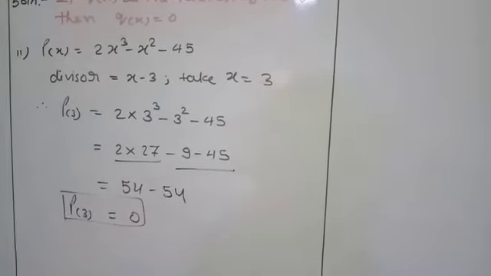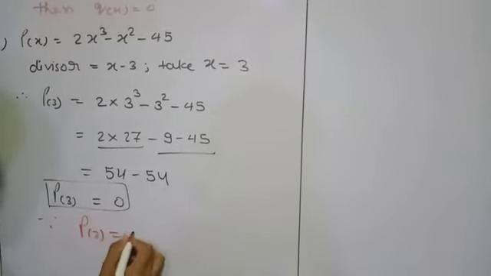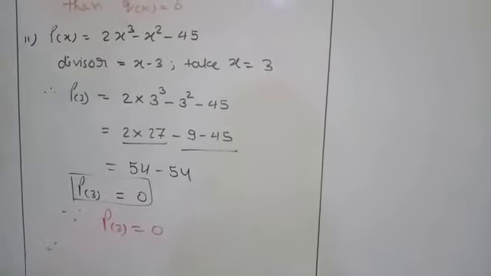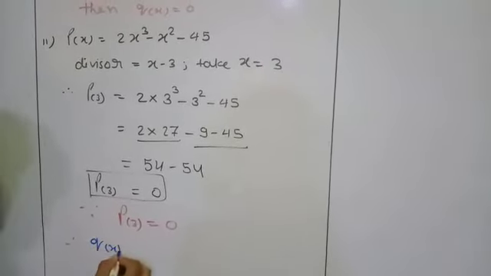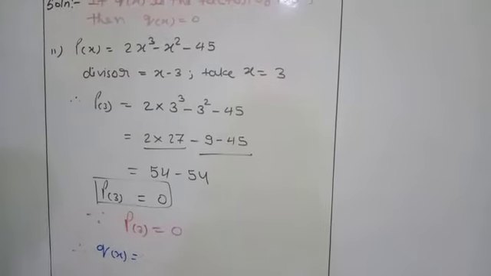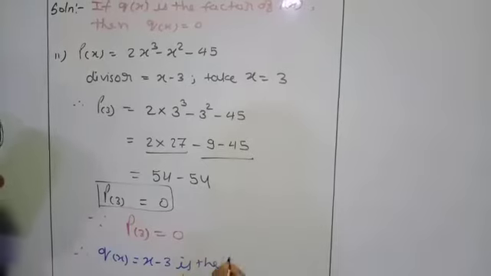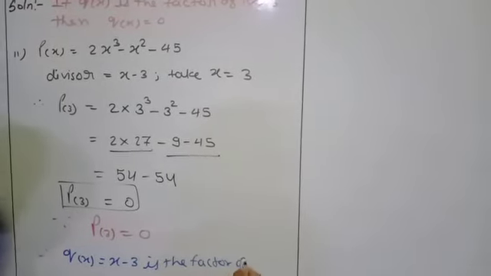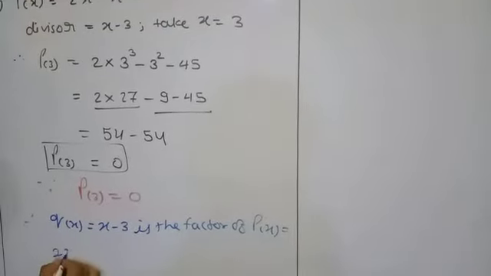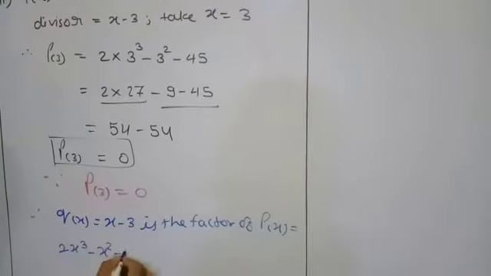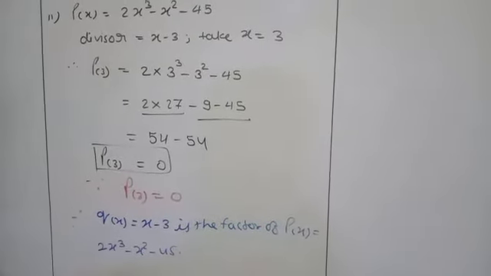So here we got P(3) is equal to 0, therefore we can say that q(x), that is x minus 3, is a factor of p(x) is equal to 2x cube minus x square minus 45. So this way we have to consider our answer.